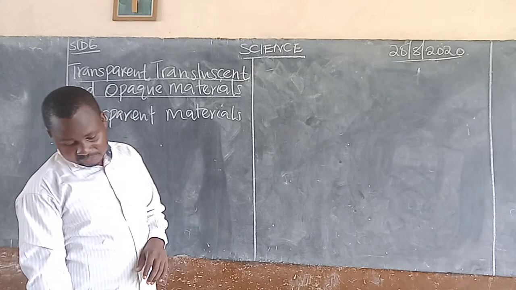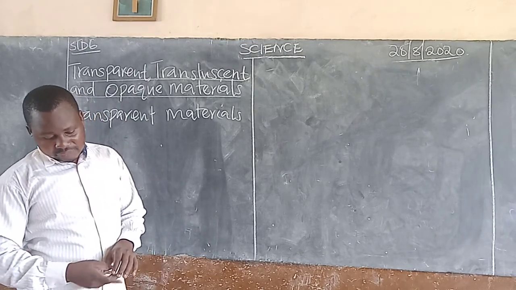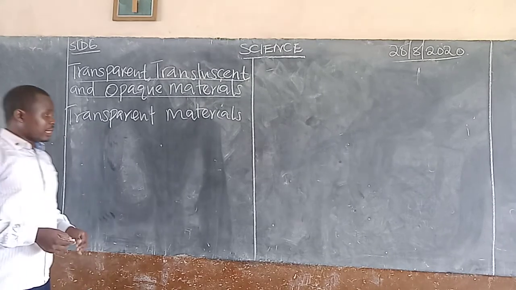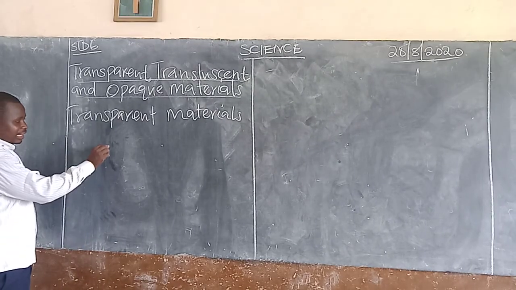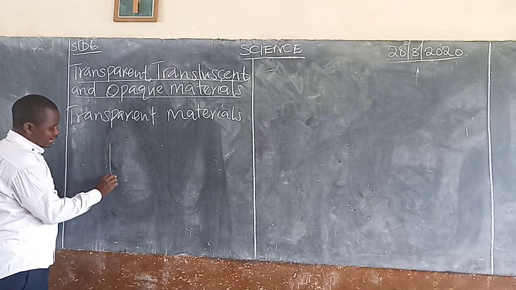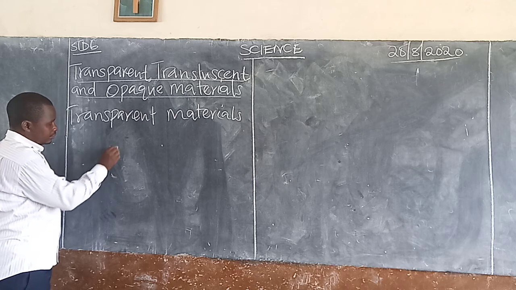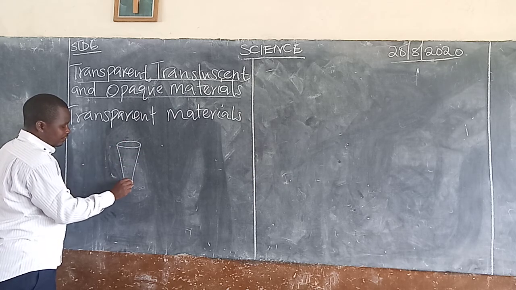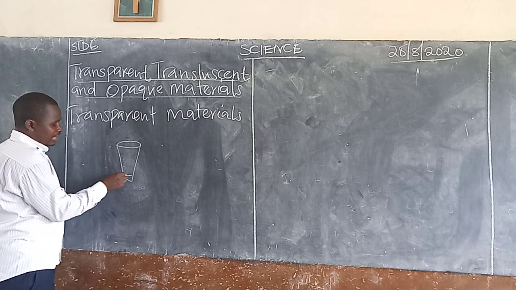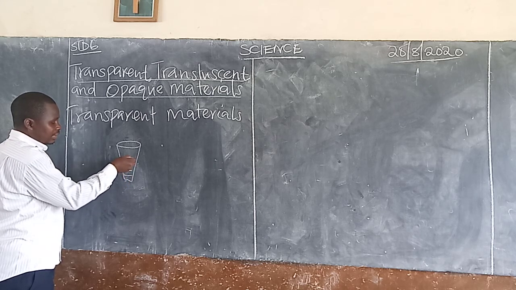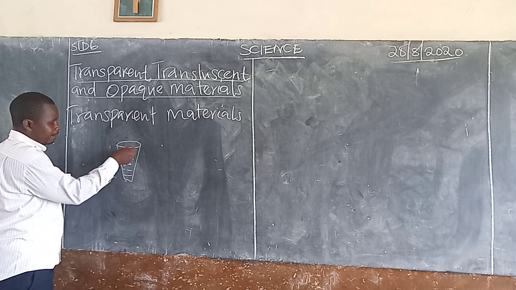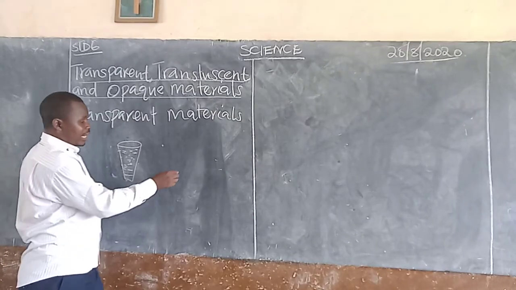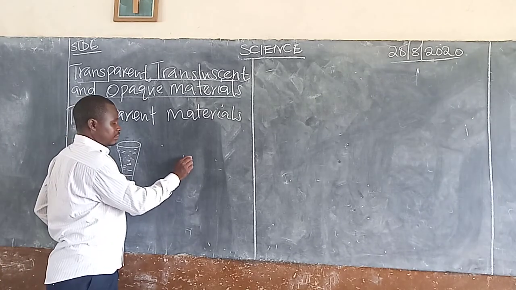Under this, for example, we have our glass here, and remember this glass has water. Then we have our torch here.